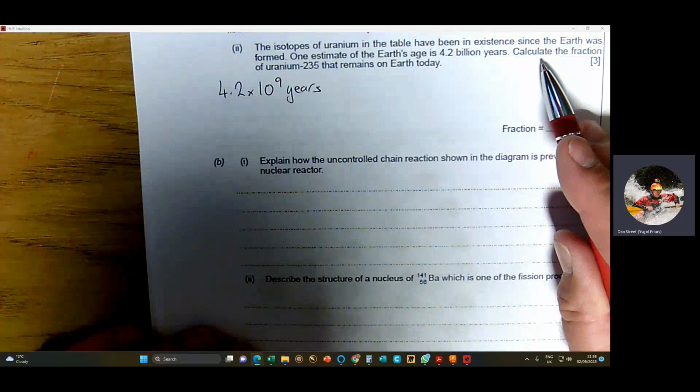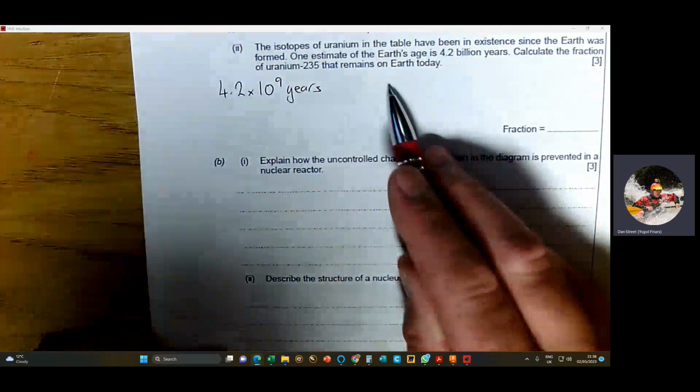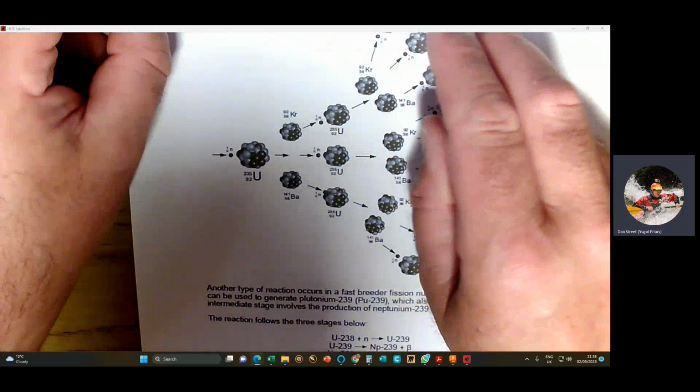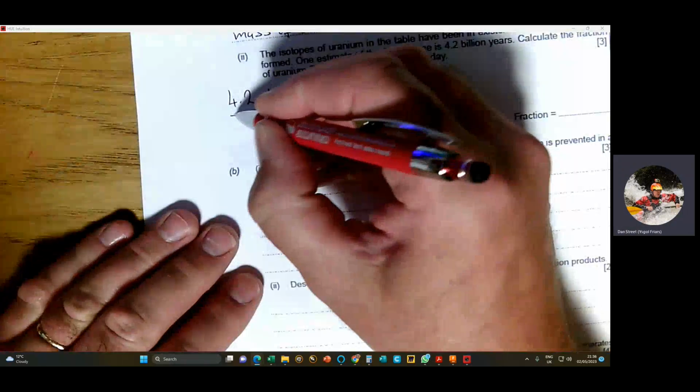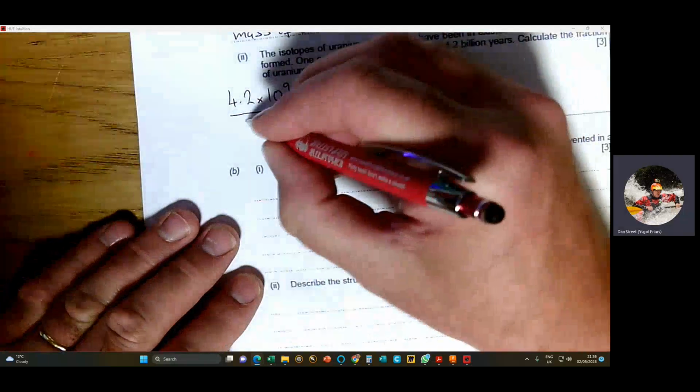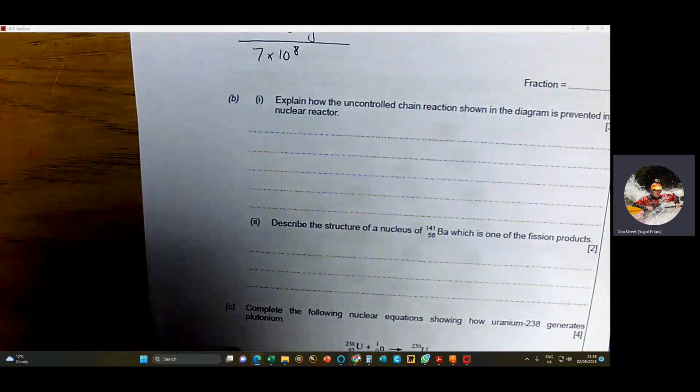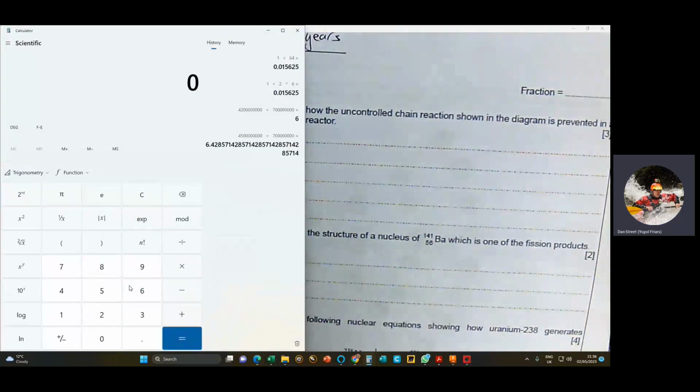And then in order to work this answer out, we need to know how many half-lives that is for uranium-235. Uranium-235 has a half-life of 7 times 10 to the 8. So we divide that value by 7 times 10 to the power 8. I would strongly advise that you have a calculator available to you in your exam.